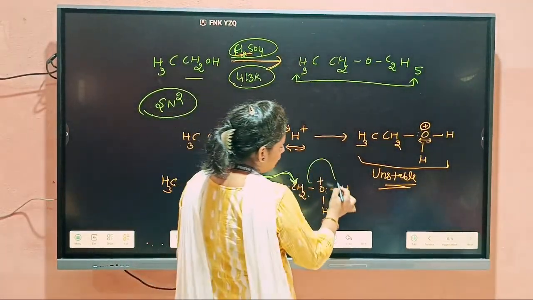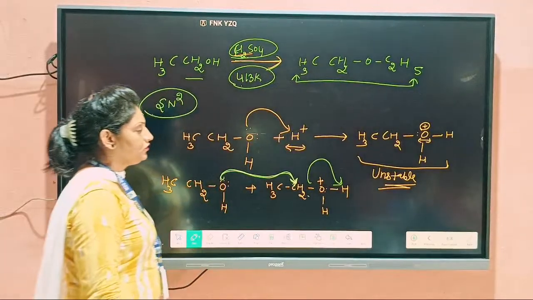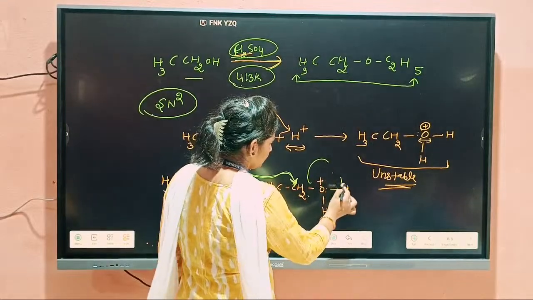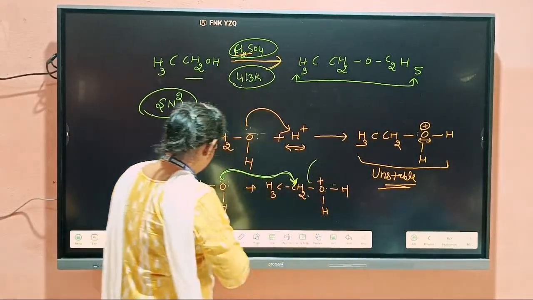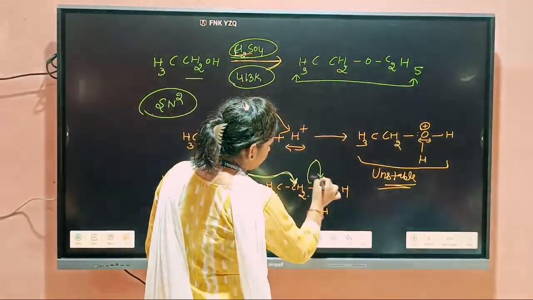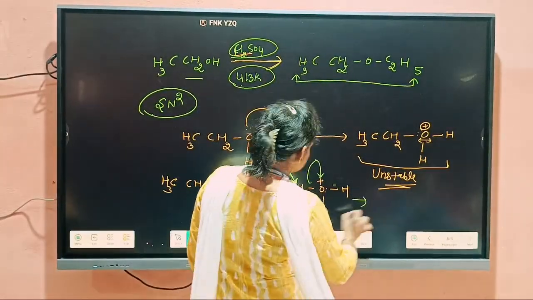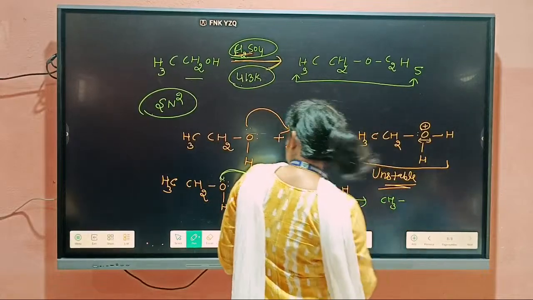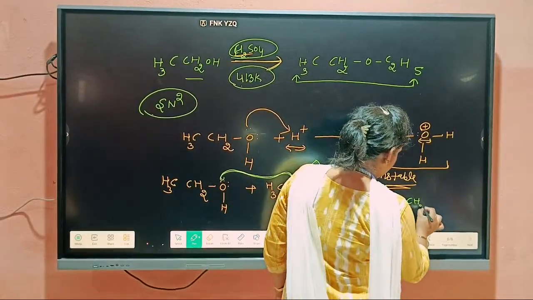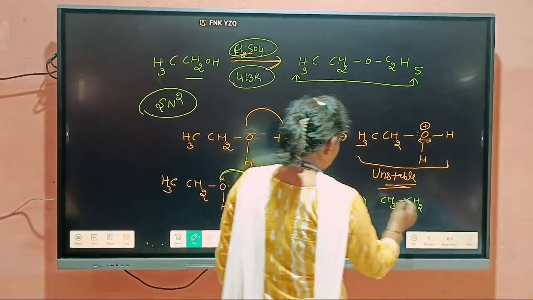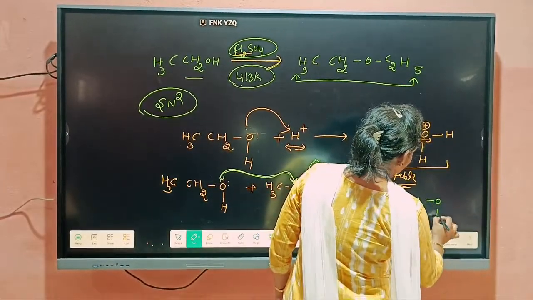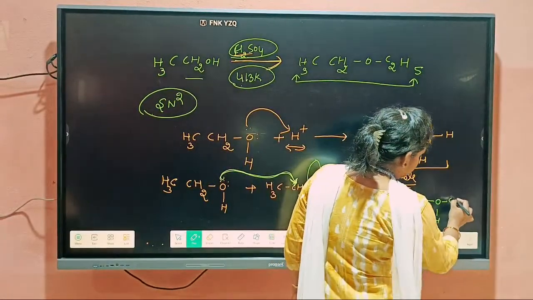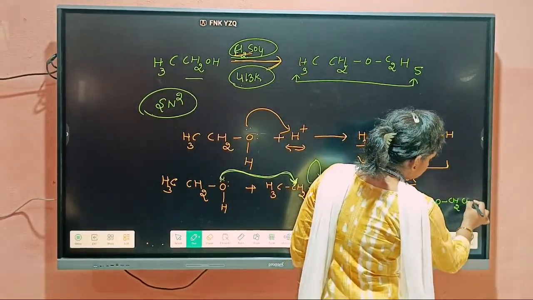Then removal of water takes place from here. Then what will happen, students? CH3CH2OH again forms a bond with this carbon, CH2CH3.